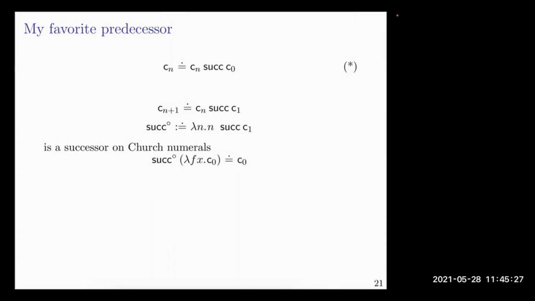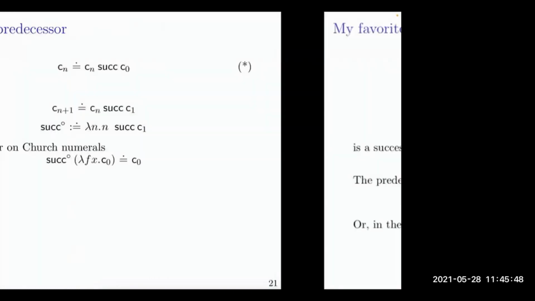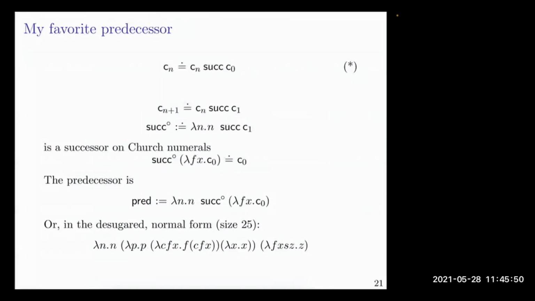If the result of the successor is C0, then it stands to reason that the argument of the successor is minus 1. So this term, lambda f x. C0, can be thought of as minus 1, and it acts as minus 1 in this context. And so here is the predecessor.